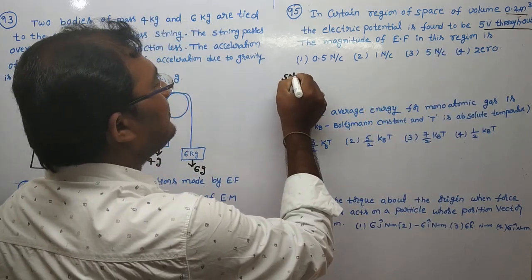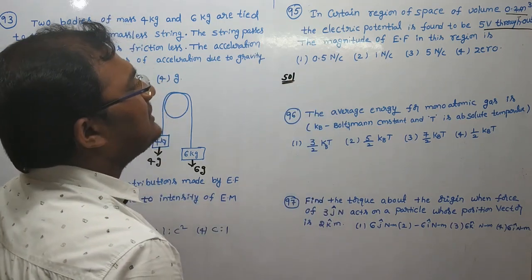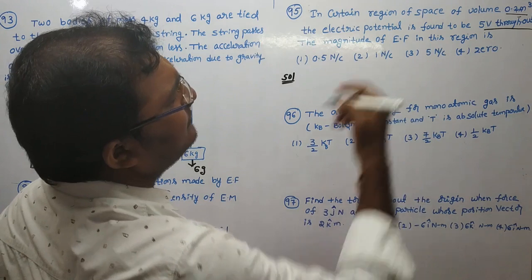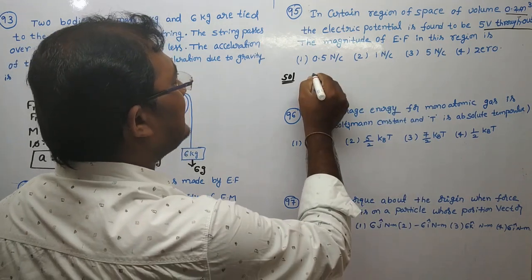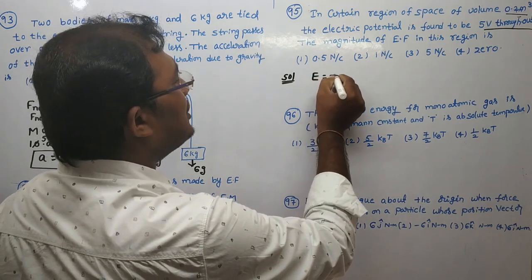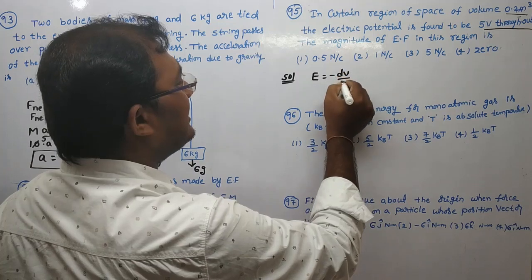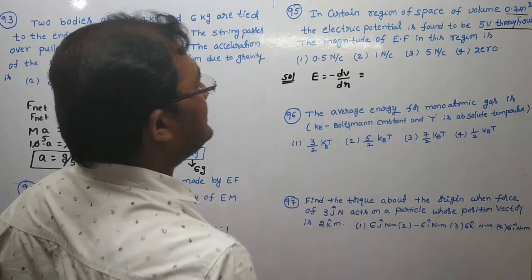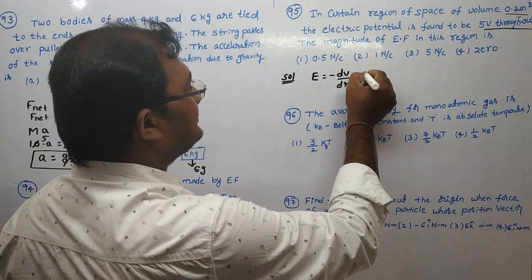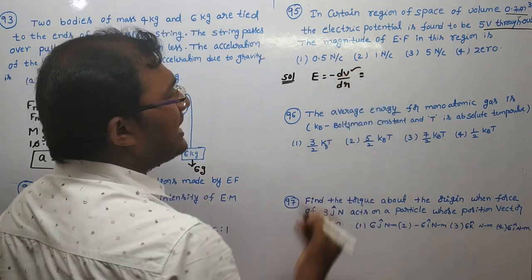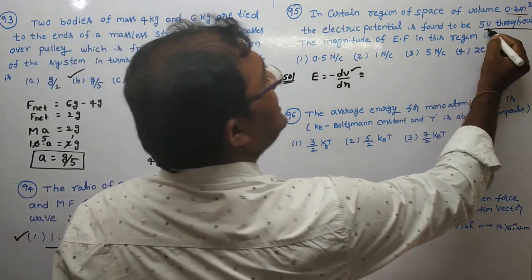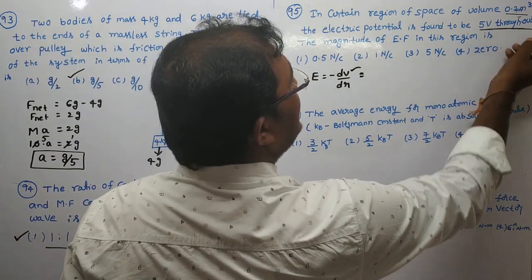Solution. We know that the relation between the electric field and the potential is given by the equation E equal to minus dV by dr, where dr is the distance. Here dV is the change in the potential, but here the potential is same throughout the space.